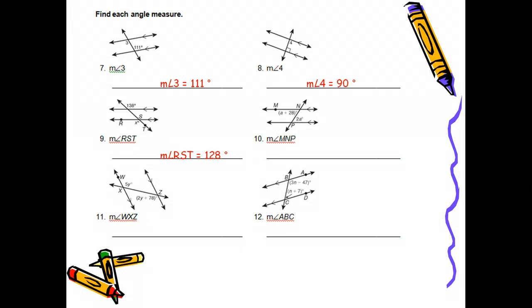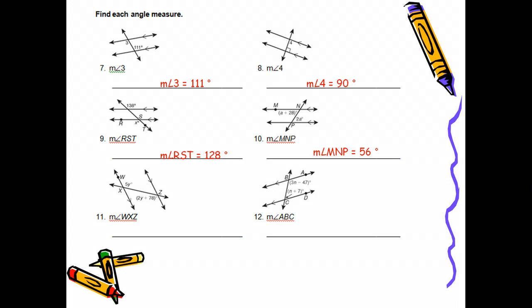For number 10, we have alternate interior angles. These would be congruent. So if we solve for A and plug the number back in, we get that the measure of MNP is 56 degrees.